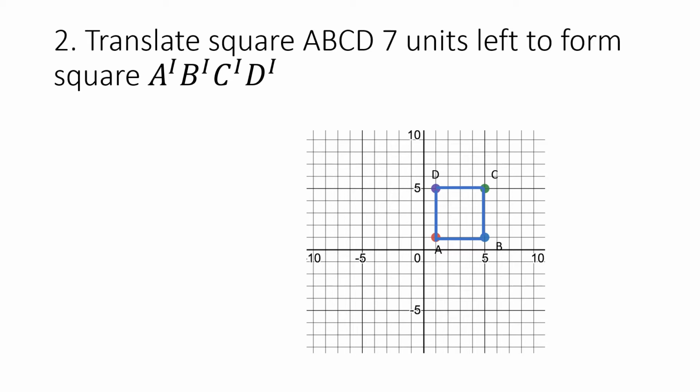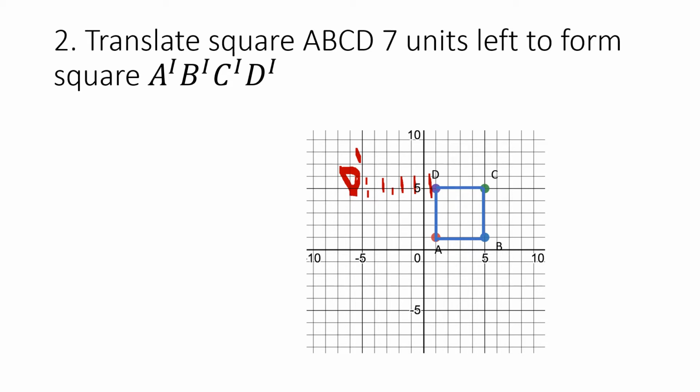If we move D 7 units to the left, 1, 2, 3, 4, 5, 6, 7. D prime is right there, this point right here.